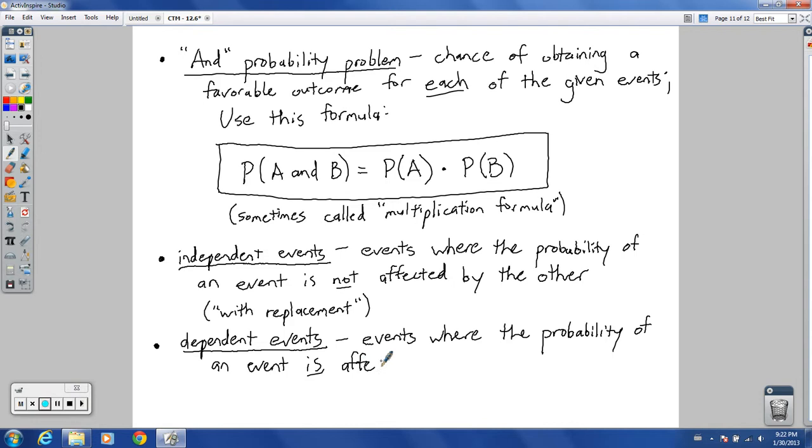It's the only difference: is instead of is not. Is affected by the other event. Let's put that up here too, the other event.